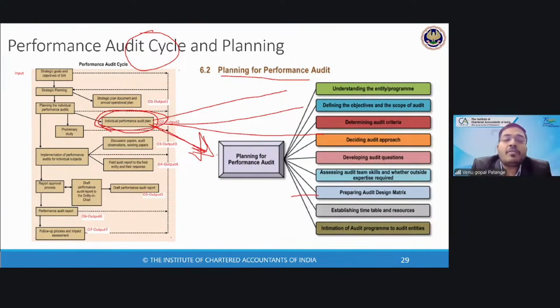So where we are coming, look at this flowchart. We are coming from the C&AG objectives. Then we have seen the high level, nation level document with an annual plan, without which you don't know how to execute it, right? So you prepare that. Then it will be broken down into individual department level, state level, etc. Then you will perform. Once you know, this is the state and this is the ministry, this is the department, I need to check the performance.